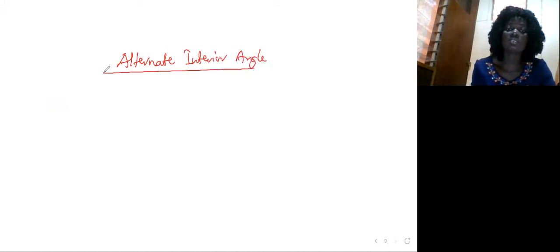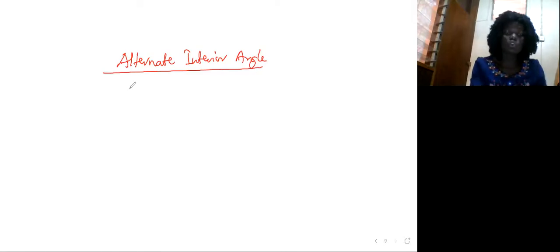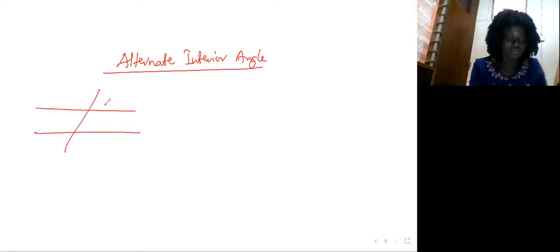The next one, I will pick alternate interior angles. So I'll pick the same lines. We don't bring the arrowhead, so it ceases to be a ray and is just a line.